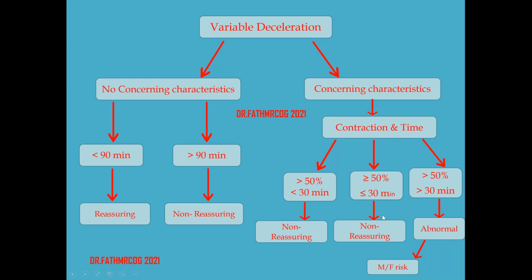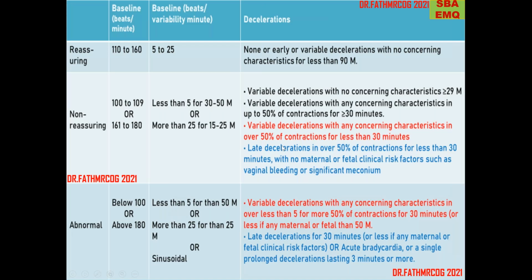Excuse me, doctor, I have a question, please. Yes, you are welcome. Back to variability. Why is it considered abnormal if variability is more than 25 in a shorter period than if it's decreased? It's non-reassuring if it's less than 5 in 30 to 50 minutes, and it's non-reassuring if it's more than 25 in a shorter period.